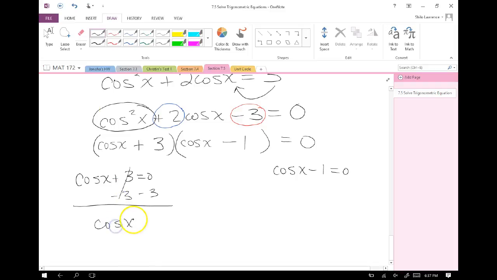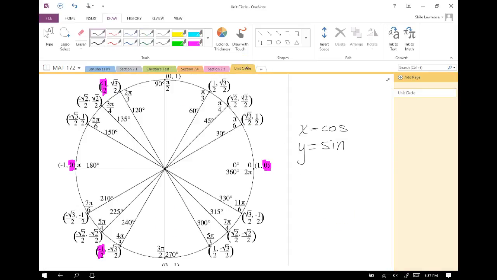Either cosine x equals negative 3 or cosine x equals positive 1. So we've got two things to look for on our unit circle. In the cosine position, we want to look for negative 3 or positive 1. So the cosine position, remember, is the x position. We are looking for negative 3 or positive 1.